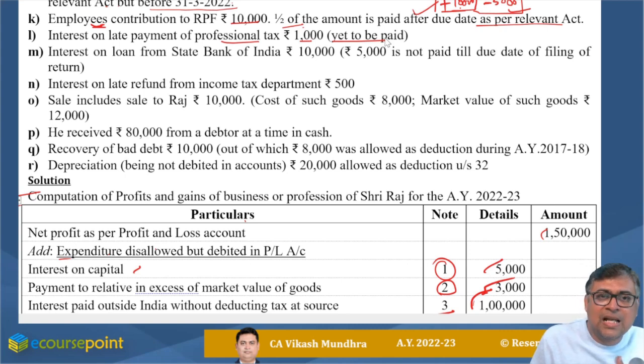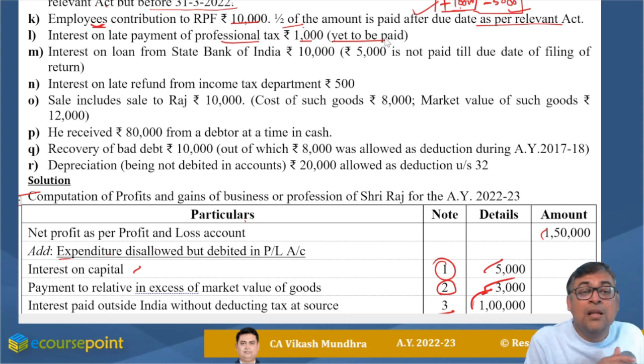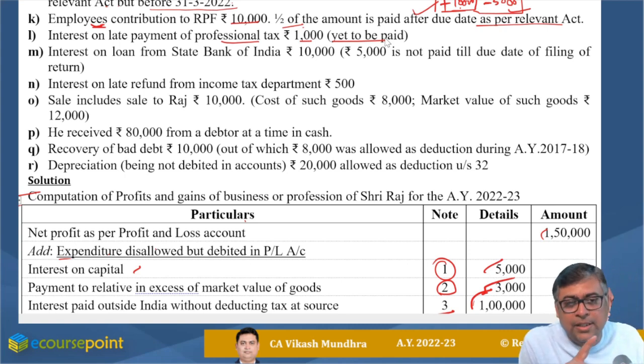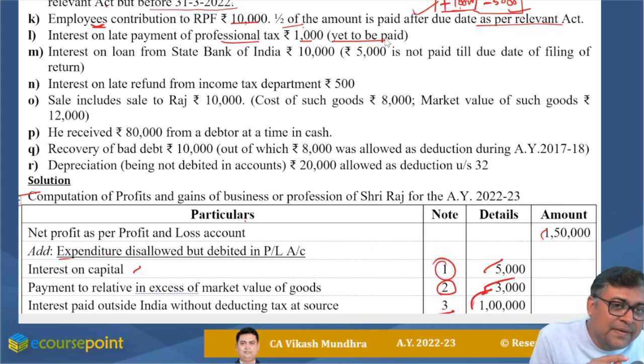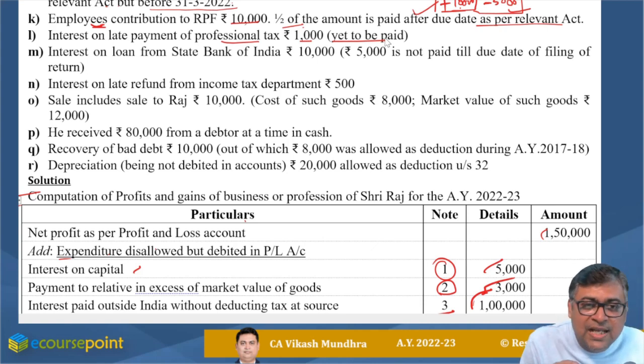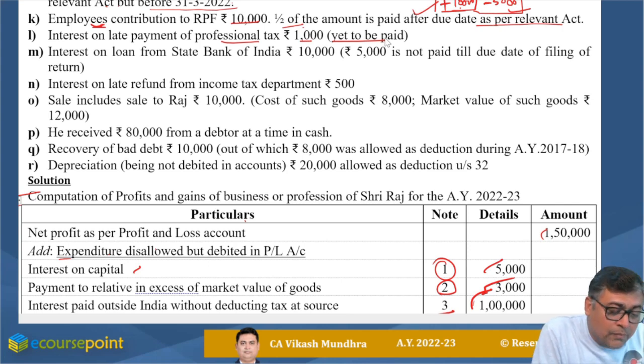But my theory is that interest is not a penalty. Interest is compensatory in nature, but it is not for violation of law. We are going to pay interest on delayed payment of professional tax. Why? Because the government is getting its taxation after some period. So we are going to pay interest which is compensatory in nature, nothing to be done.